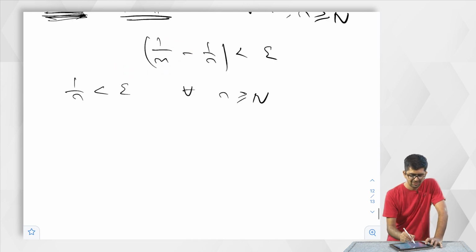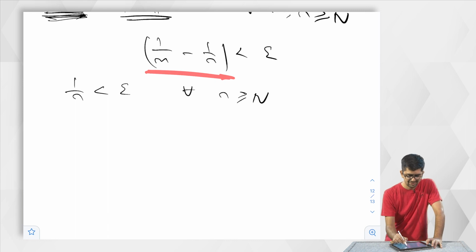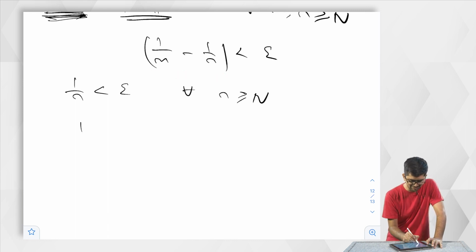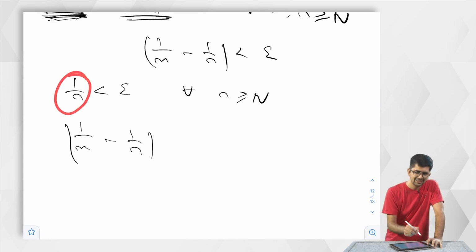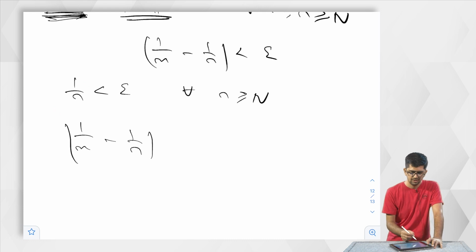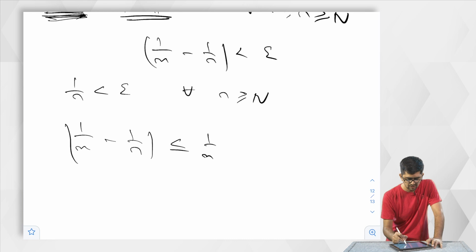So, what does 1 by m minus 1 by n say? It is not clear what this says. So, we have to write down this difference in terms of 1 by n and 1 by m. Observe that this is less than or equal to 1 by m plus 1 by n.